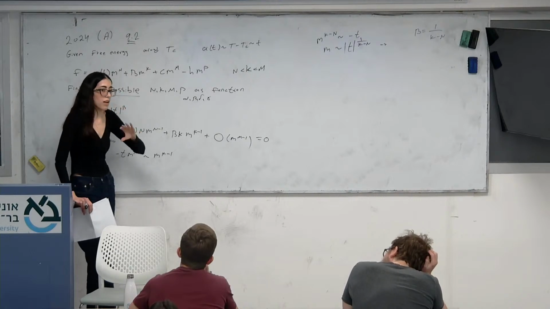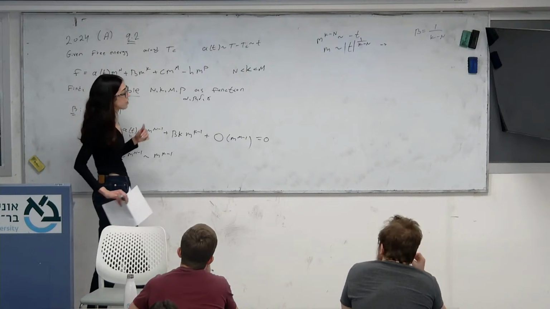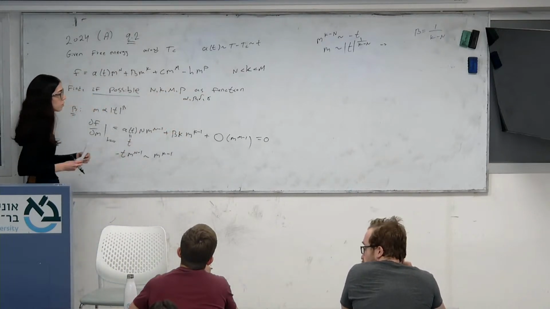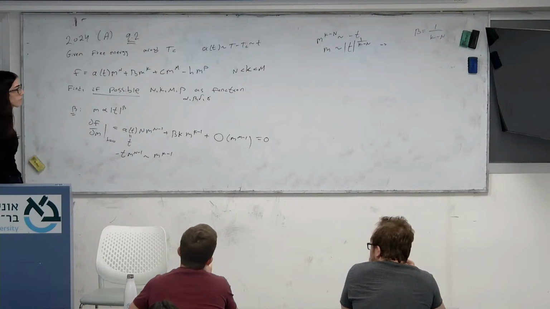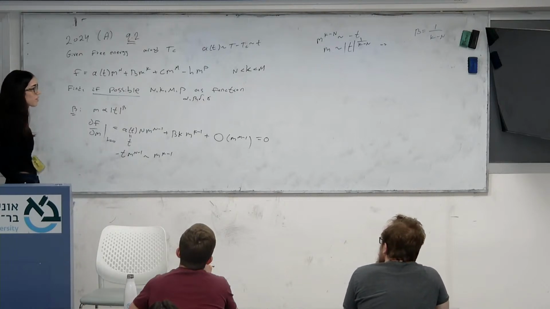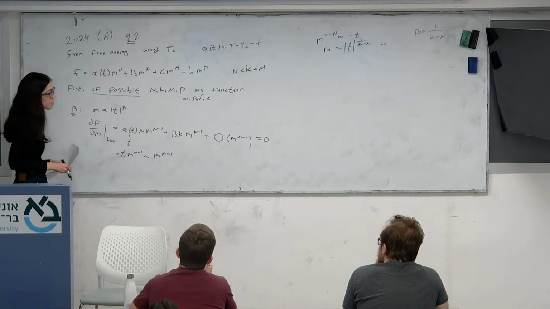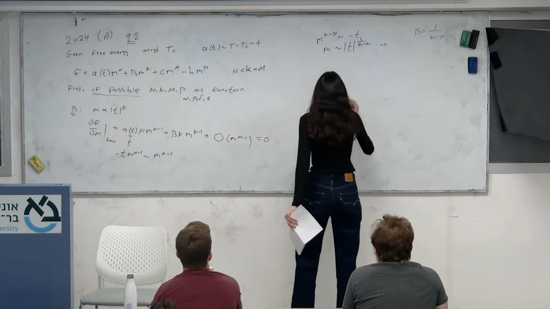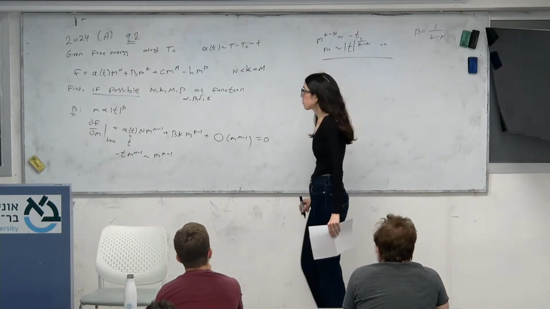If we are out of time or lazy, we can use the scaling relation after we find two exponents to find the third exponent. So you can go either way, depending on how much time and patience we have in the test. But both ways work. Okay, so we found beta.